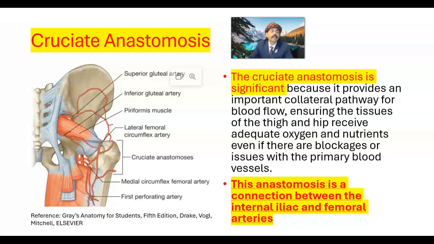So internal iliac artery, like the branch inferior gluteal artery, and the femoral artery branches from the profunda femoris artery: first perforating artery, the medial circumflex femoral artery, the lateral circumflex femoral artery. So it is a connection between the internal iliac and femoral arteries.